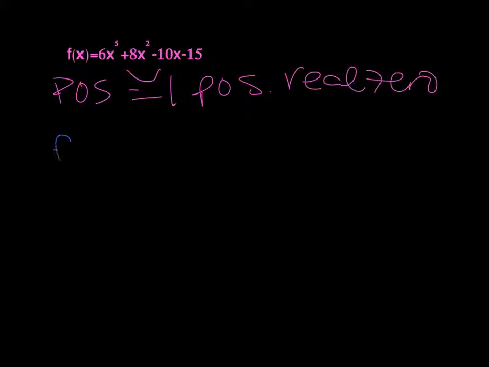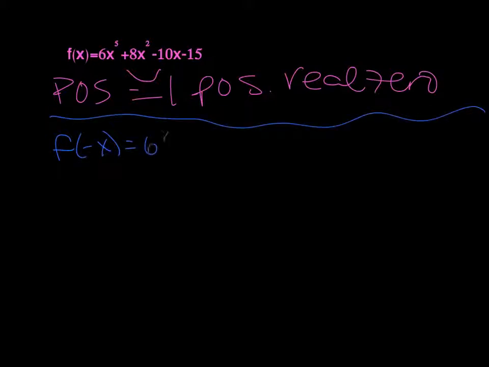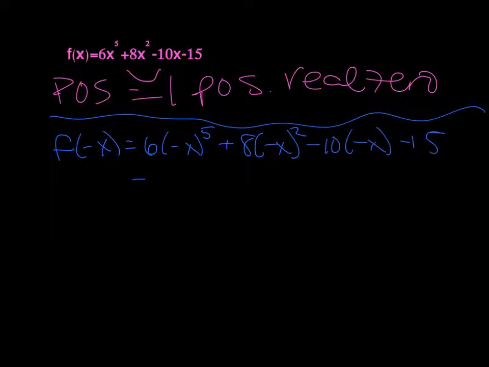So for my negative, that gives me negative 6x to the 5th plus 8x squared plus 10x minus 15.